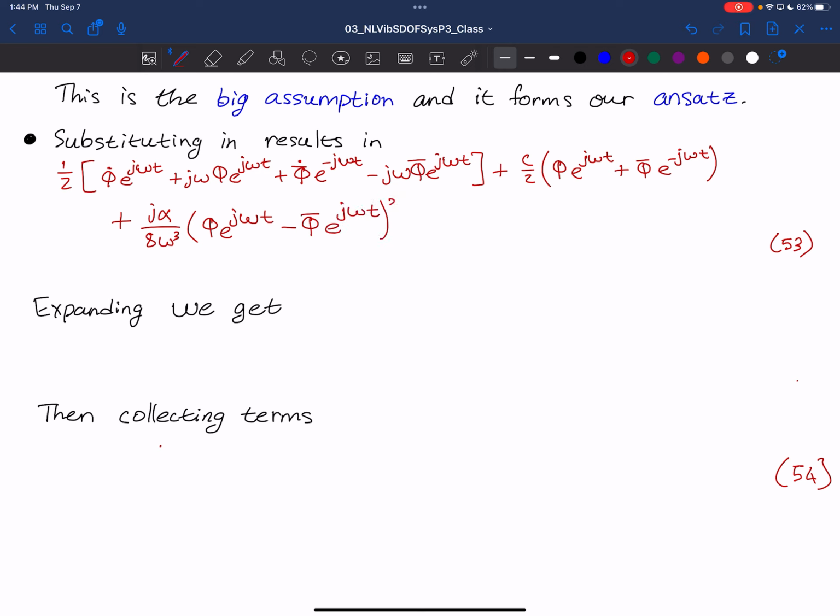This quantity cubed is then equal to k over 2j e to the j omega t minus k over 2j e to the minus j omega t.